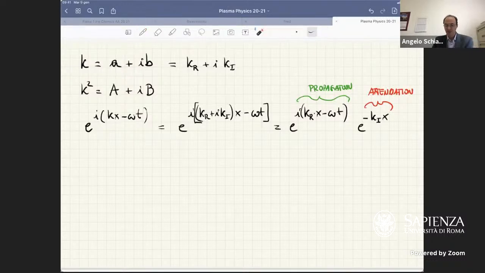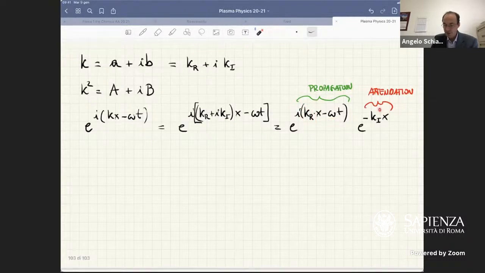You see that this part here will select k numbers that have a real part that satisfies the dispersion relation.